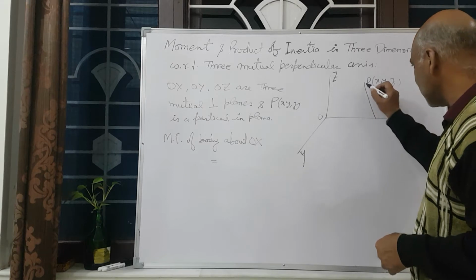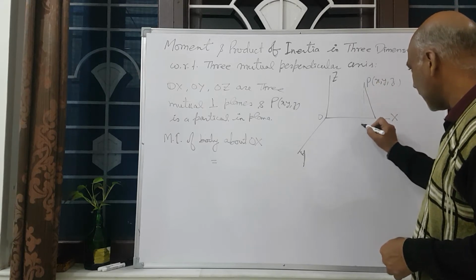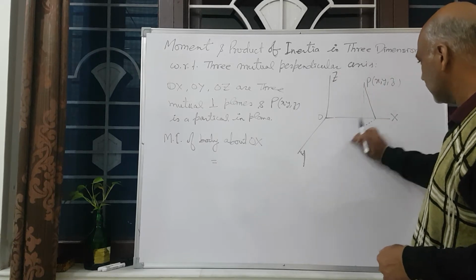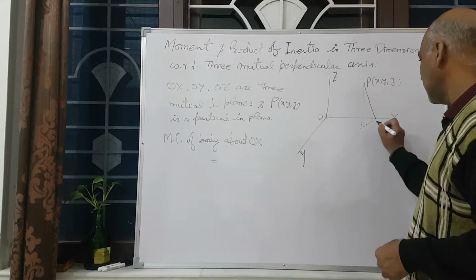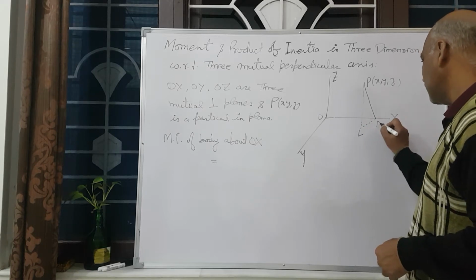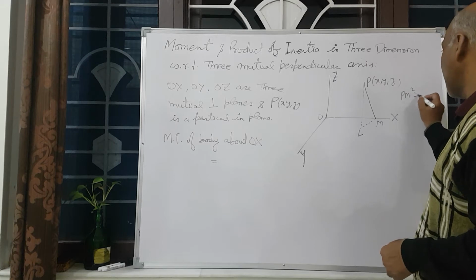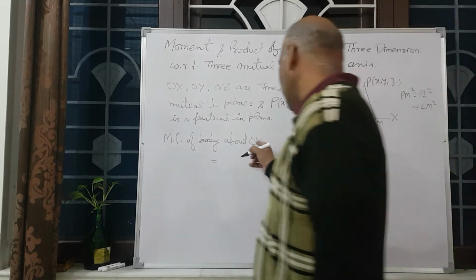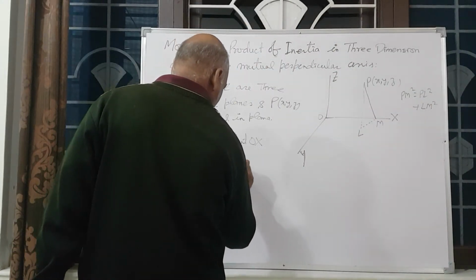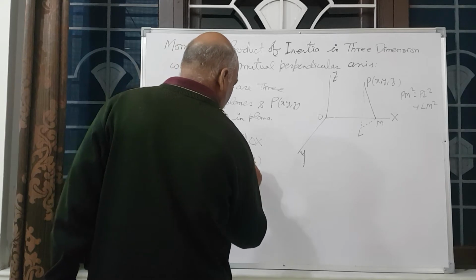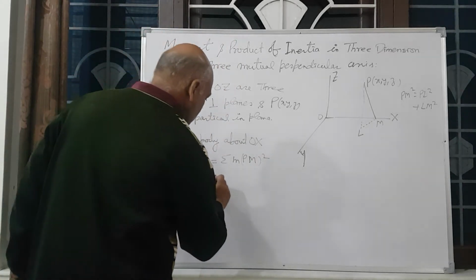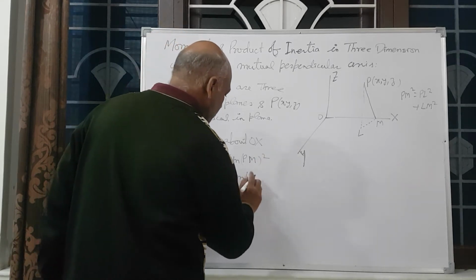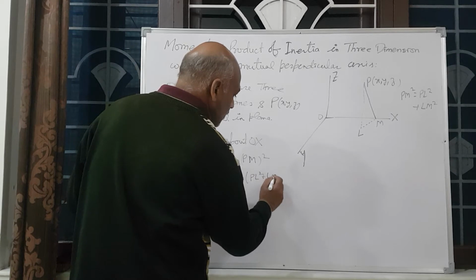Now this is perpendicular like this, and this is perpendicular like this. Suppose P, and this is L, this is M. It means Pm square is equal to PL square plus Lm square.